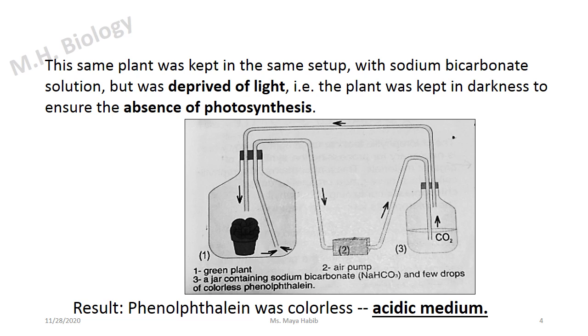But, we still need to test if carbon dioxide is absorbed during the process of photosynthesis. So, this same plant was kept in the same setup, in the presence of sodium bicarbonate solution, but was deprived of light. That is, the plant was kept in darkness to ensure the absence of photosynthesis. Under such conditions, phenolphthalein was colorless due to the presence of an acidic medium.